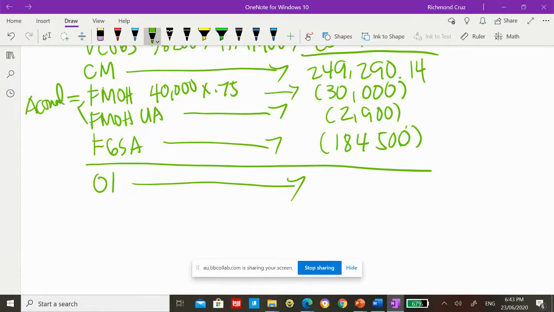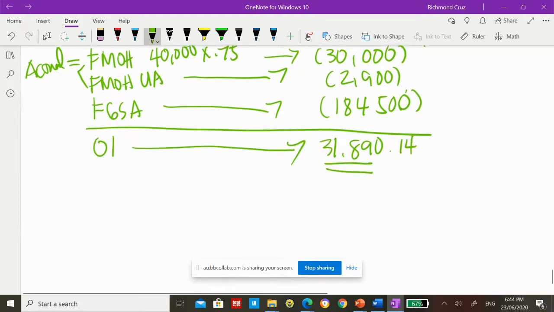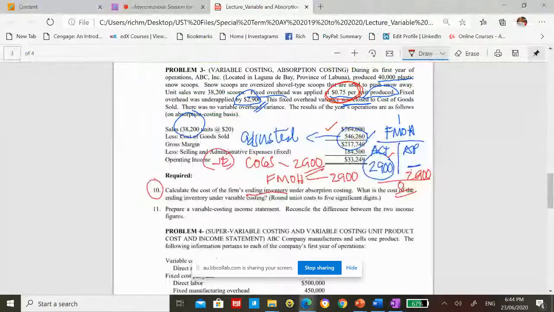So that is 290.14 minus 30,000 minus 2,900 minus 184,500. So that will give me 31,890.40. O 31,890 lang. Round off natin. Ayan. So we're done with the variable costing income statement.